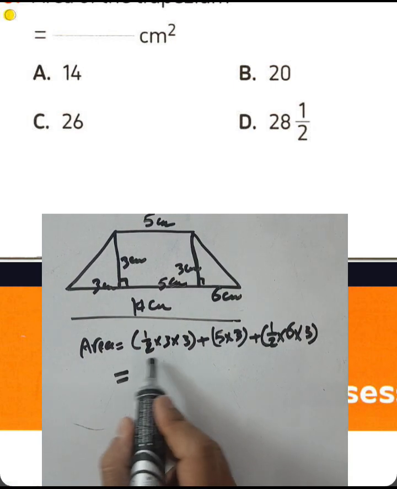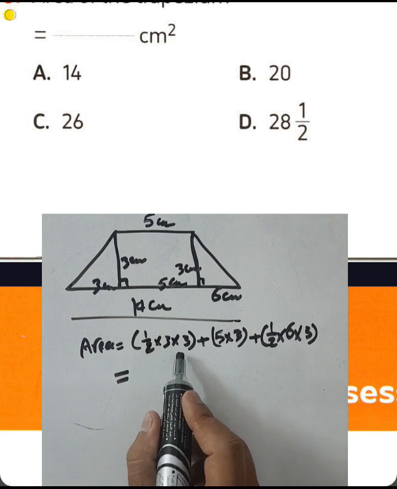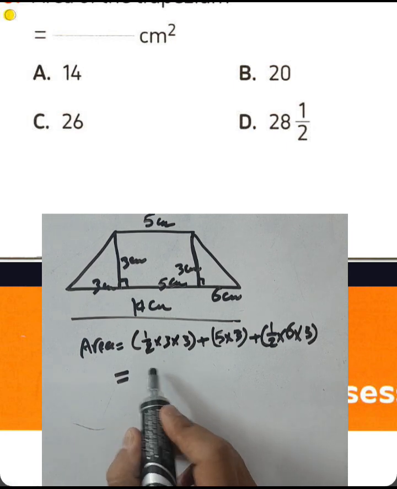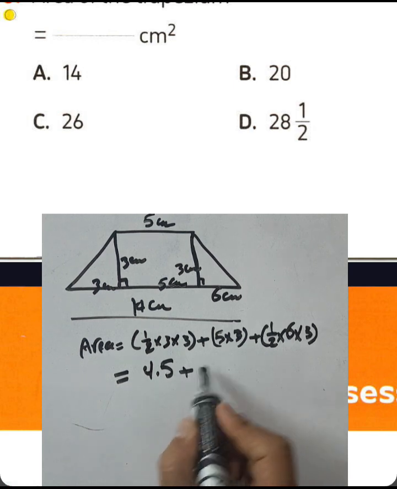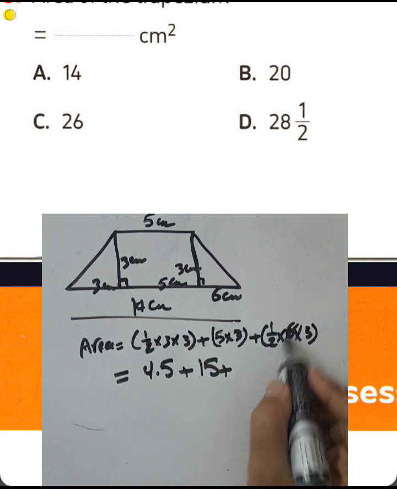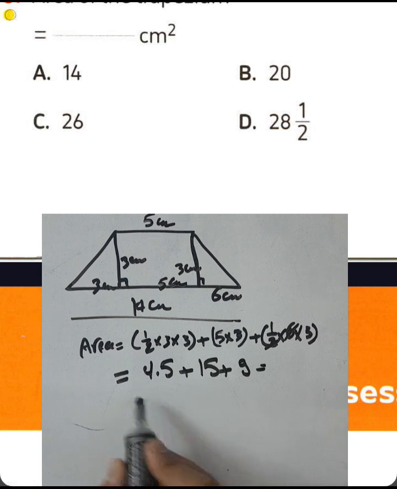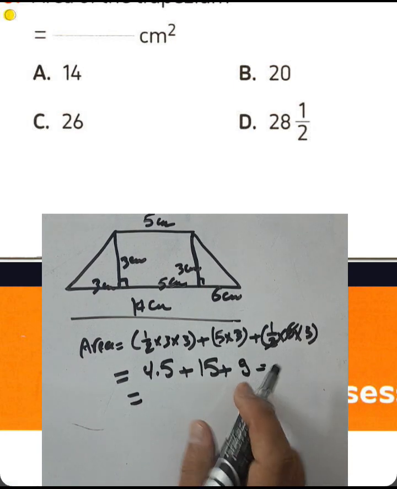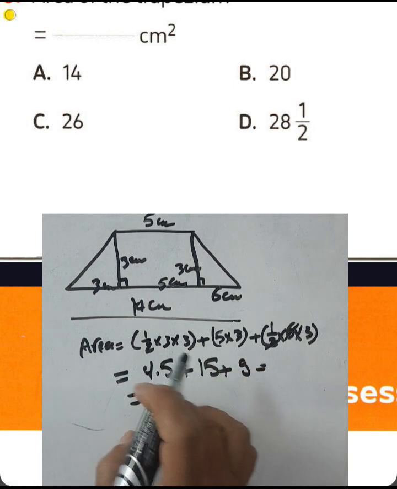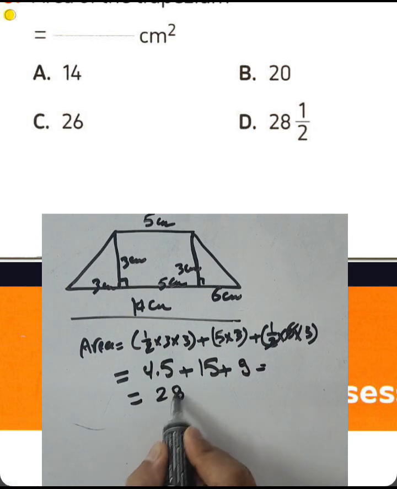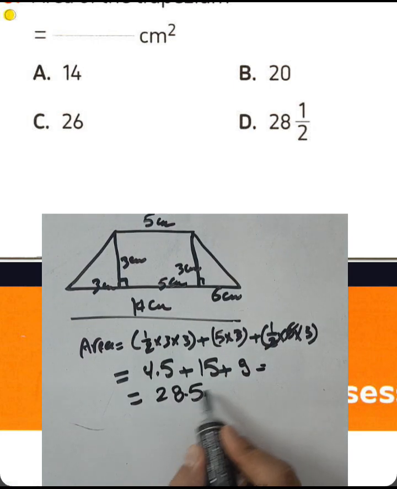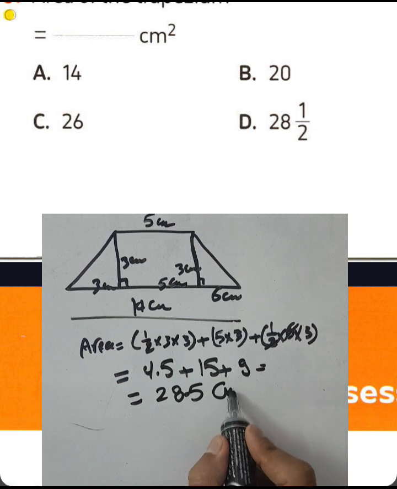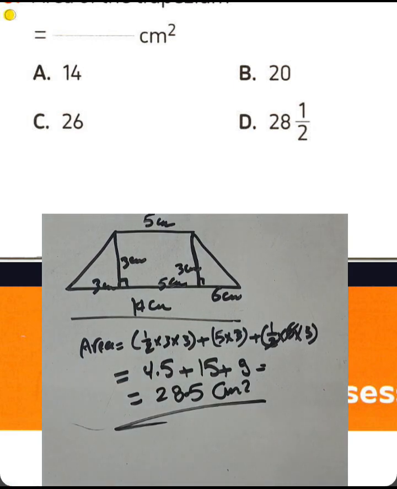Half of 9 is 4.5, plus 3 times 5 equals 15, plus 9, that is 24, plus 4 equals 28, and the 5 is a decimal: 28 and 5 tenths square centimeters. Okay, we have two solutions for this example.